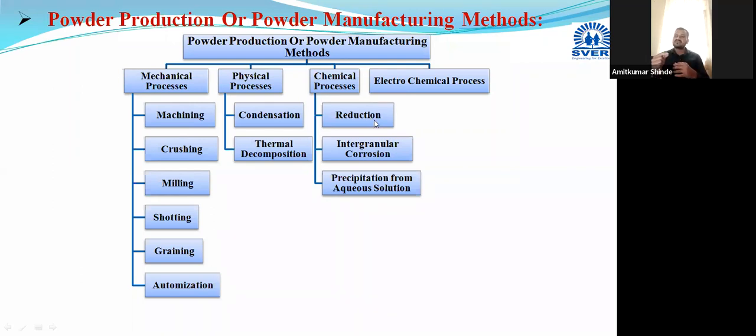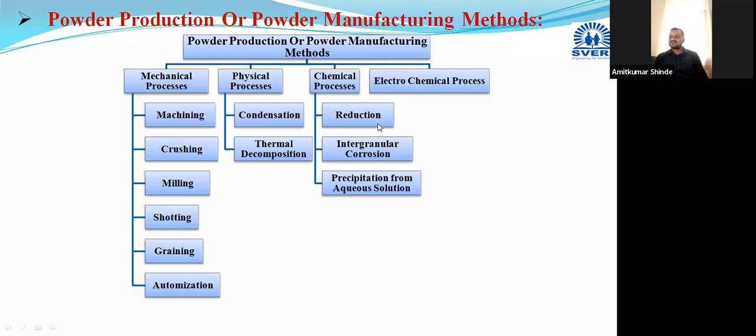Suppose we want to manufacture tungsten powder, that is W. Then its respective compound, tungsten oxide, WO3, is taken and reduced, meaning a chemical reaction is carried out in the presence of carbon or hydrogen.